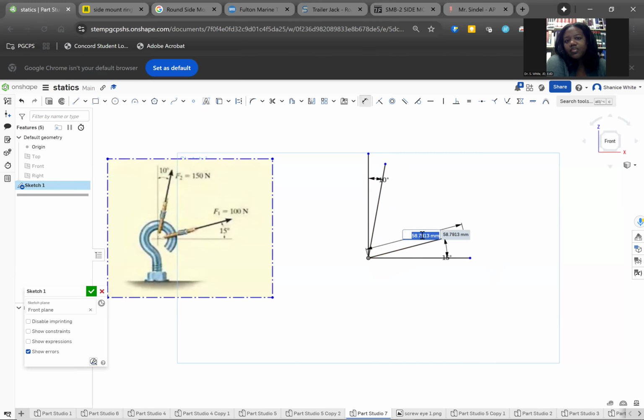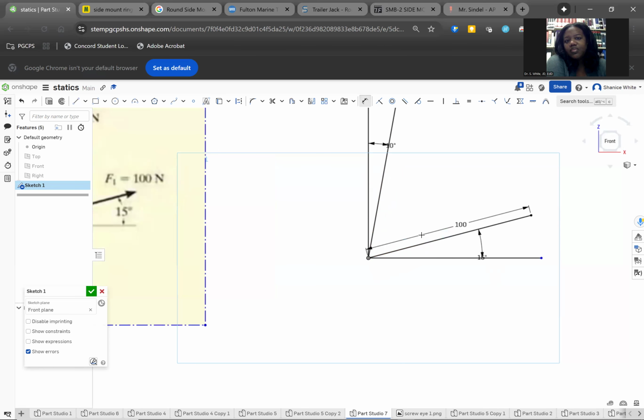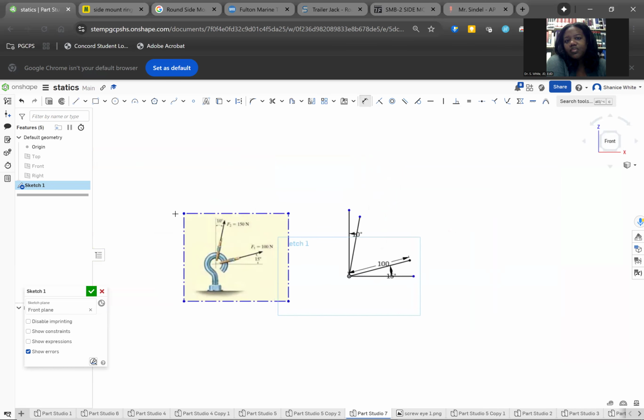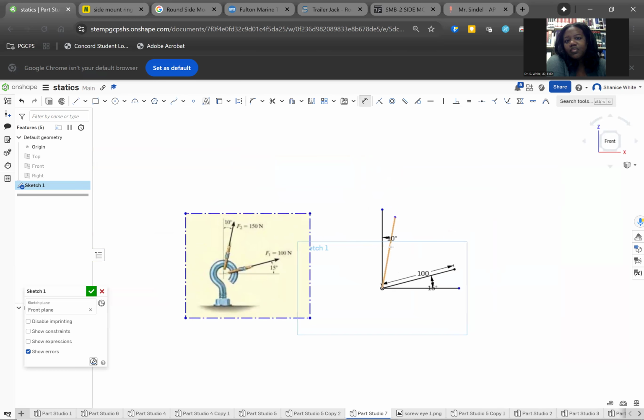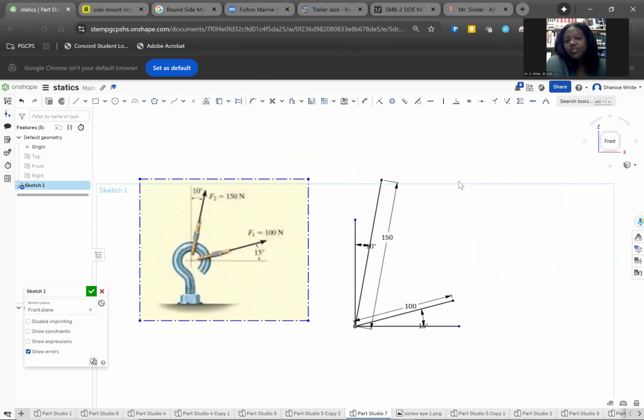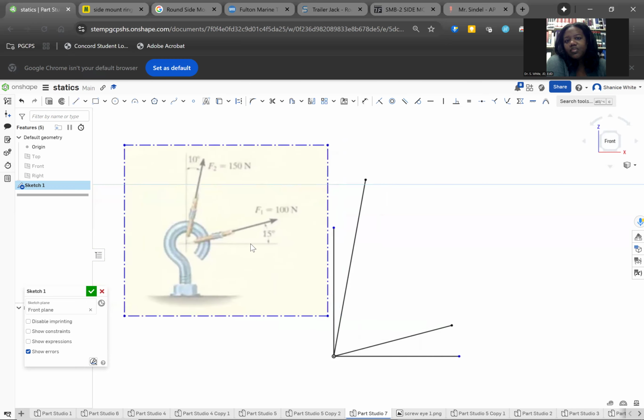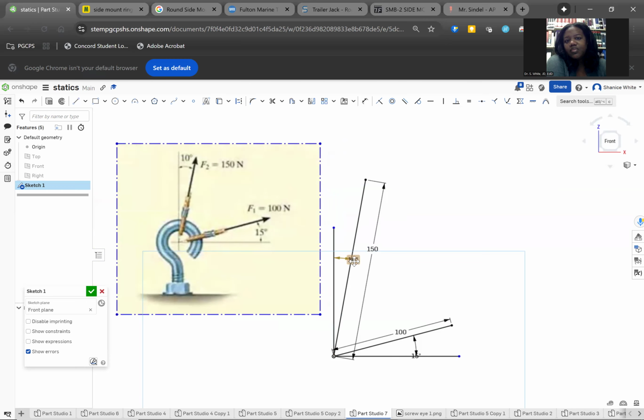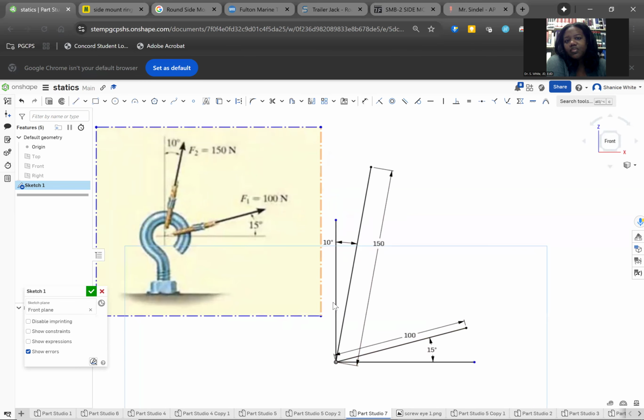This has a force of 100 and this has a force of 150. So you can see that sometimes when you put in a dimension, the size of your sketch may change. You can just zoom in, zoom out, whatever you need.